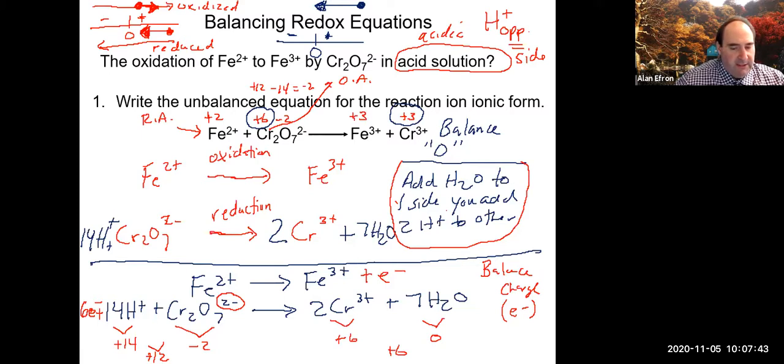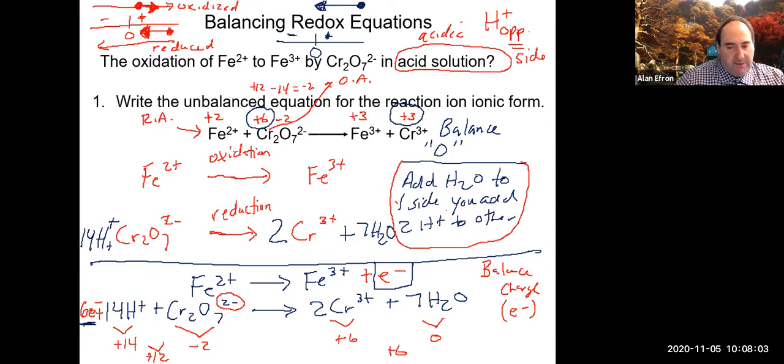So this is a good way to check yourself. I added electrons to the product side, so that makes sense because it's my oxidation reaction, while the dichromate was my reduction, and I added my electrons here to the reactant side, which makes sense for a reduction reaction.